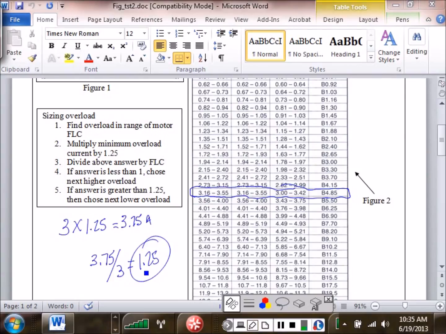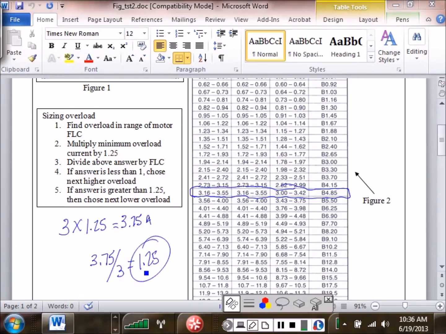So what I'm doing, I'm trying to make you learn how to size overloads in this class, but I just want you to know how to follow a procedure to do it. And of course, if this was your job, sooner or later you'd have this in your head. You wouldn't have to worry about it. But we're not trying to get you to be able to go out here and do this.